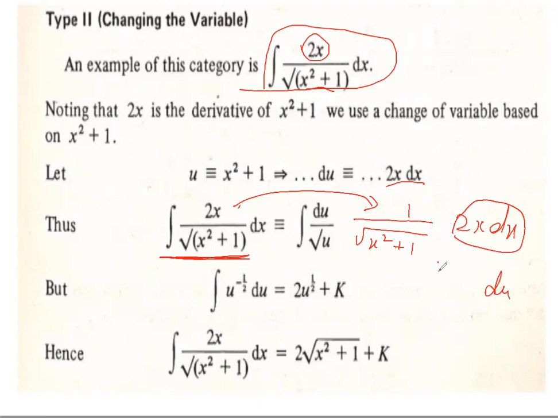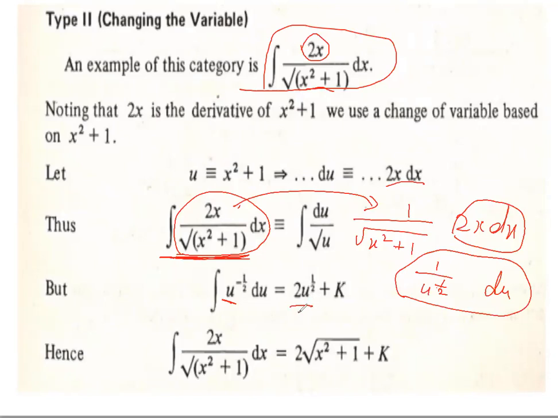This is really 1 over u to the half, right? So this whole expression here really becomes this. Becomes that. And then that, well, we can write it like that. And that's easy to integrate, all right? It's this.